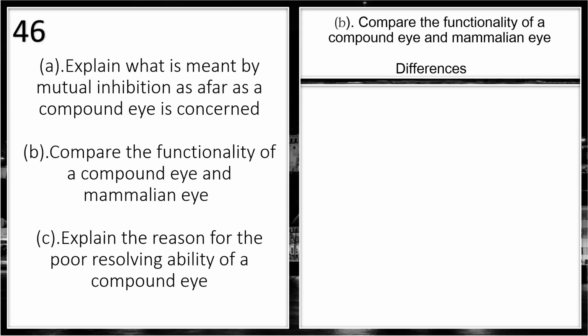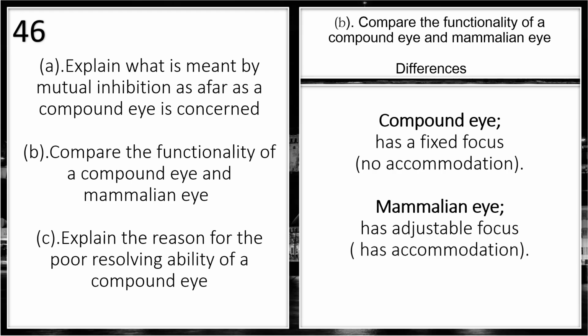Differences. Compound eye has a fixed focus, no accommodation. Mammalian eye has a adjustable focus. It has accommodation.